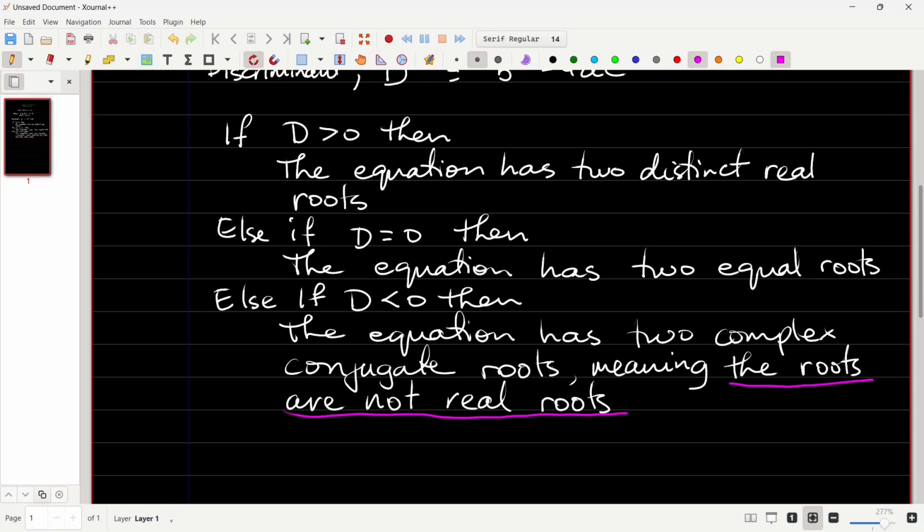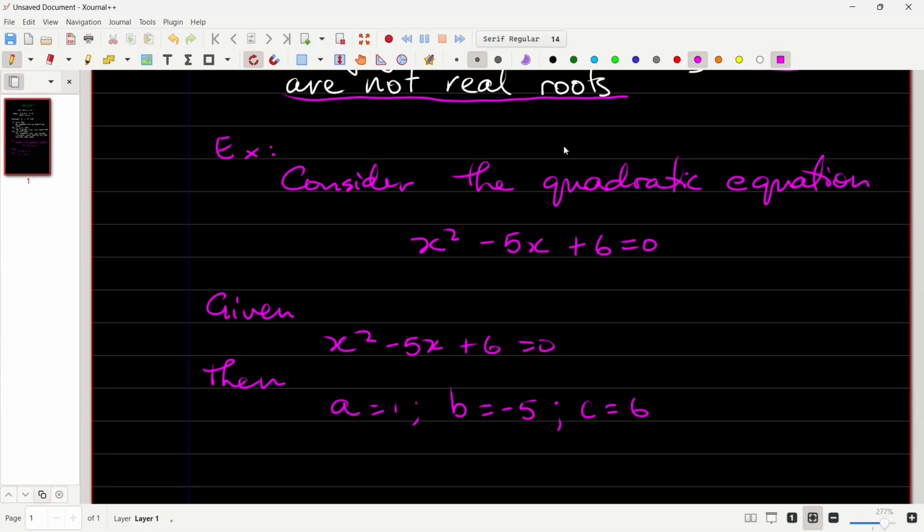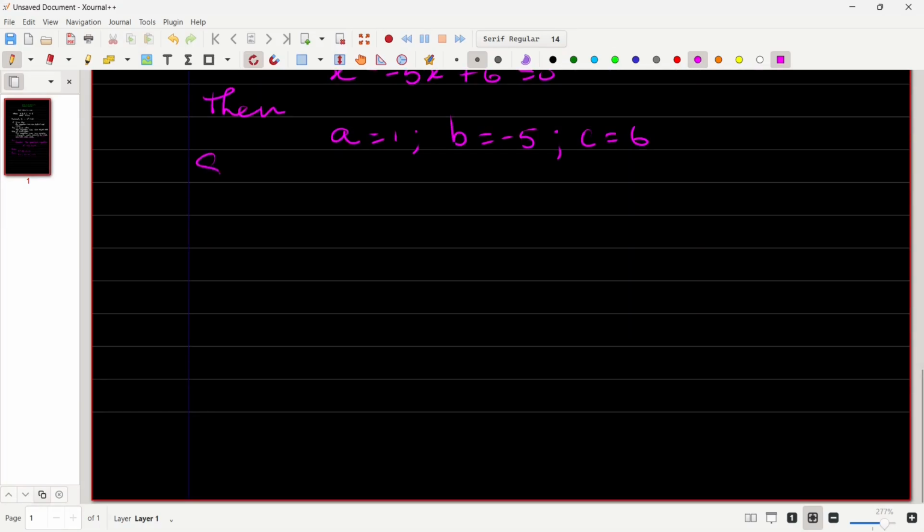Let's do some examples so you can understand how we would use this. So given x squared minus 5x plus 6 equals 0, then a is equal to 1, b is equal to minus 5, c is equal to 6. So d would be equal to b squared minus 4ac, which is minus 5 squared minus 4 into 1 into 6. 5 5s are 25, 6 4s are 24.